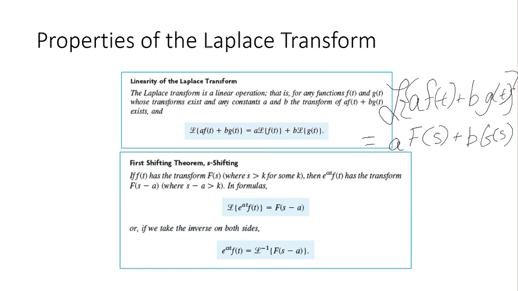That'll be very useful. It's also useful because if we're going to take the Laplace transform of some function and there's a constant coefficient within that function, we can factor it out and not have to deal with it. It'll make it a lot easier to find those functions in the transform table.